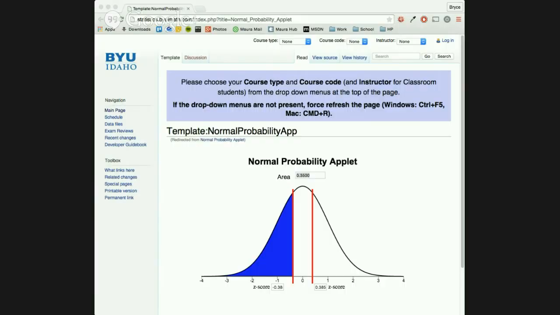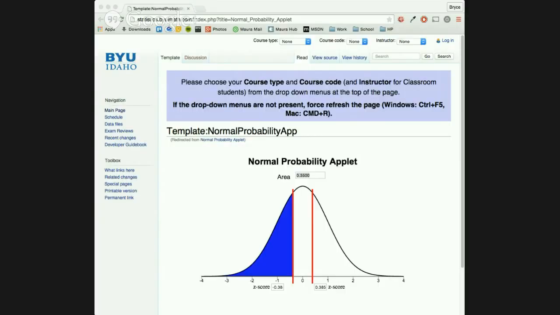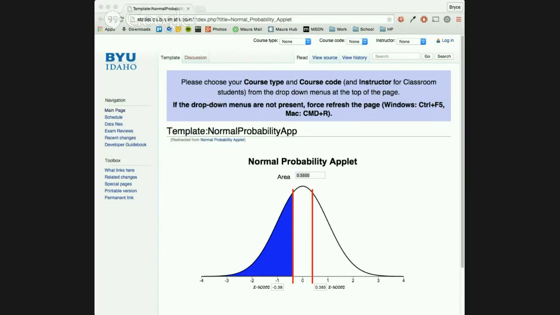No, never mind, 0.719. Yes. Okay, 0.719. Sweet. All right, we're good? Yeah. I think we're good.